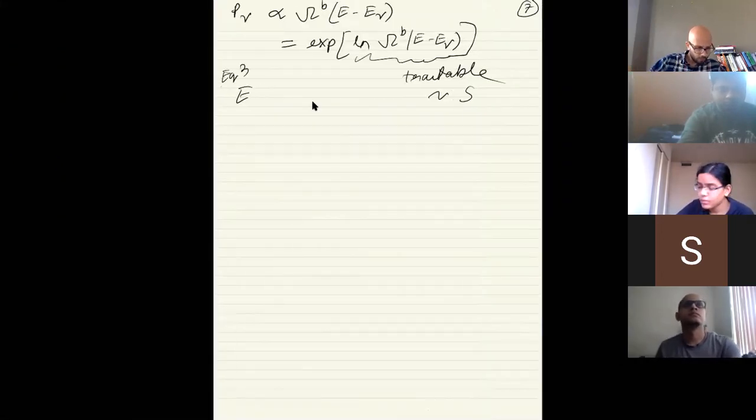Equation 3 tells us that E nu is much smaller than E, right? And that's where we can now start to use our Taylor expansion.